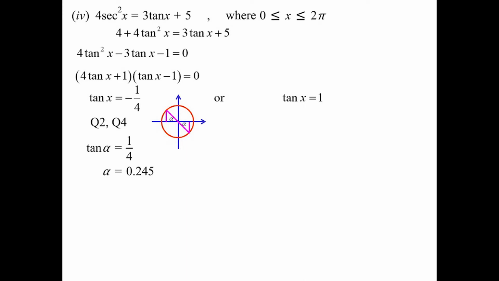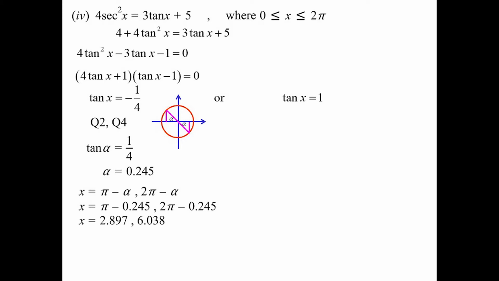Now in this case, it's not one of our exact values. So I'm going to have to go to the calculator for an approximation. So we won't end up with something pi. I've just done it to 3 decimal places. But 0.245 would be the acute angle. But we still do the same thing. So second quadrant will be pi minus that, and the fourth quadrant will be 2 pi minus that.